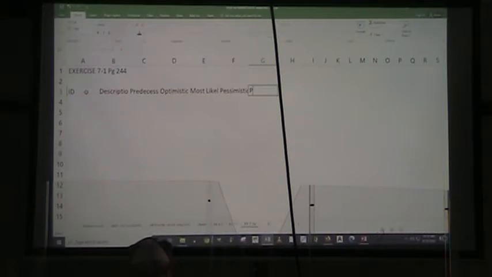So we want to calculate the PERT time, and we want to calculate the variance. Of course, it helps a lot if you can remember how to spell variance. All right.